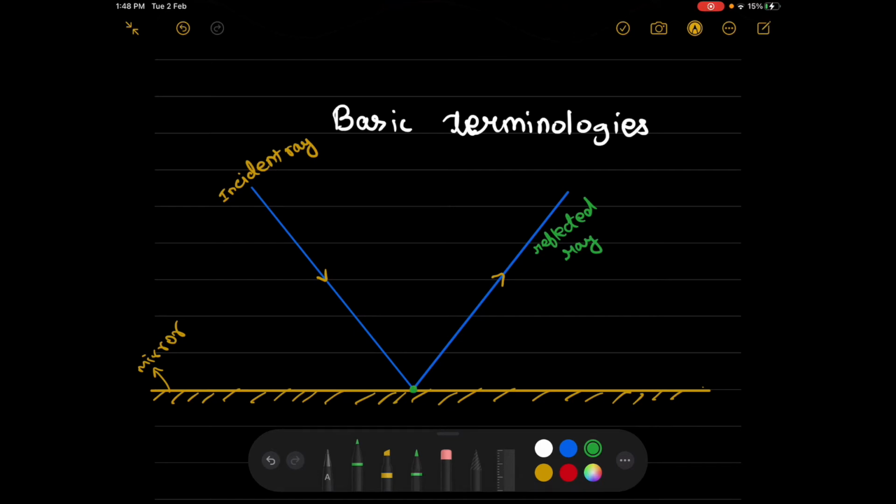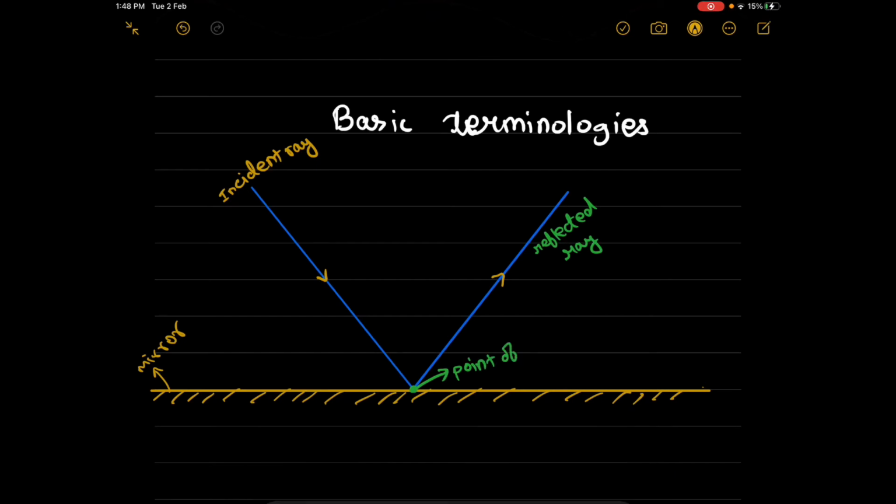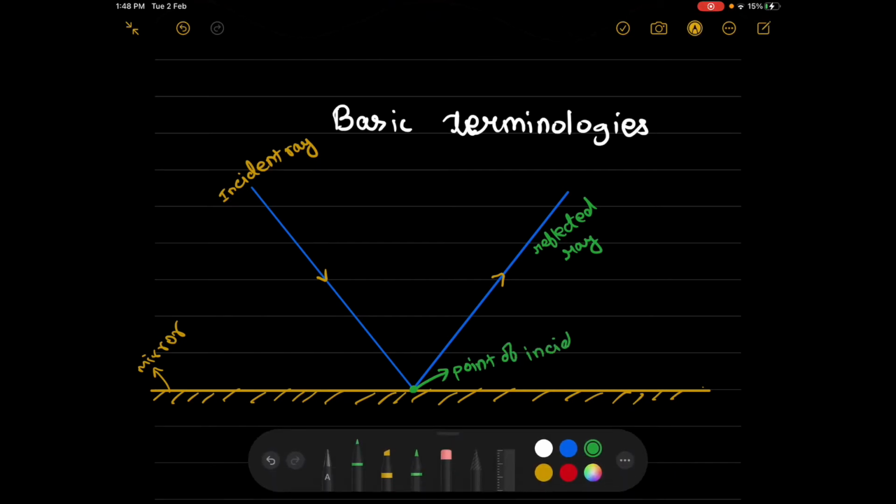Oh, I forgot to tell you about this point. This point is known as the point of incidence. Now we draw a tangent, sorry, not a tangent, a perpendicular from this point to the mirror, somewhat like this.